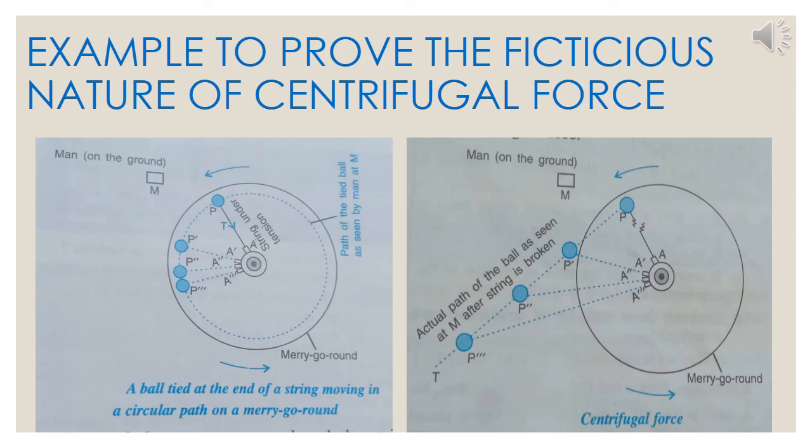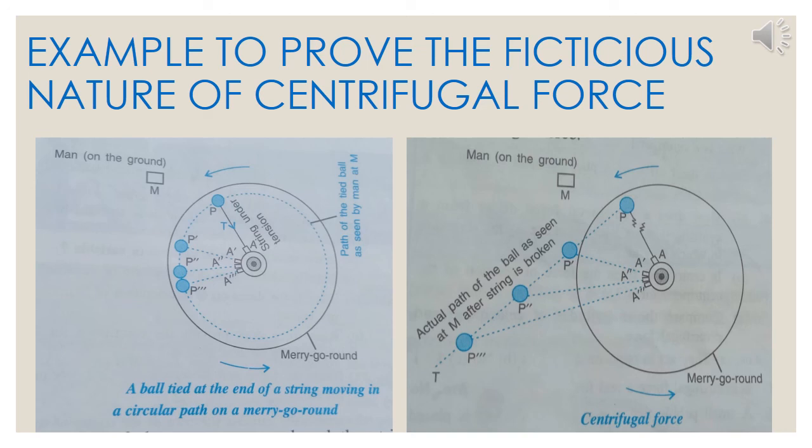That is, he will observe that the ball always remains in front of him, moving radially away from him, as if the centrifugal force acts on the ball away from the center. Thus, the person in the rotating frame has to assume the presence of the centrifugal force.